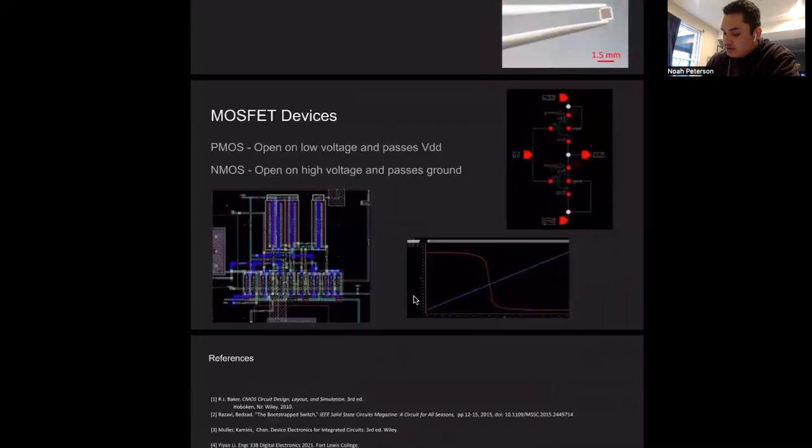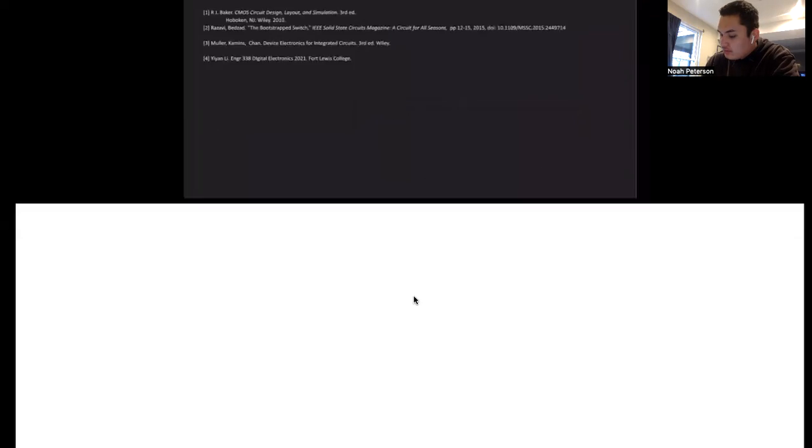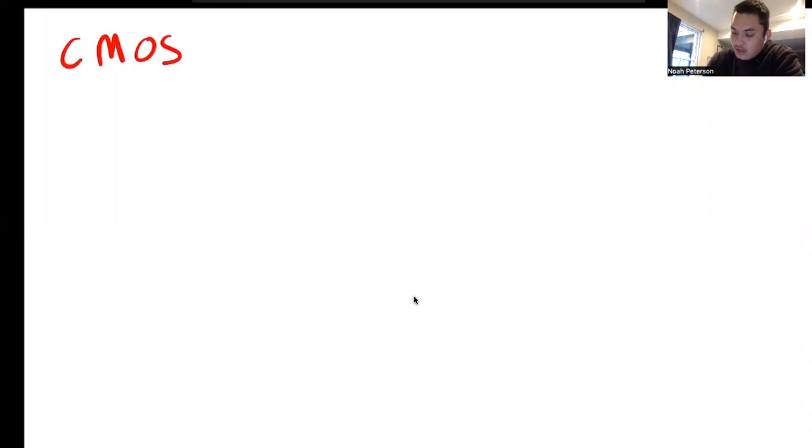So yeah, these are my references down here, and we'll get into a little bit more about NMOSs and PMOSs. What this is called is complementary, or CMOS, which stands for complementary metal oxide semiconductor.